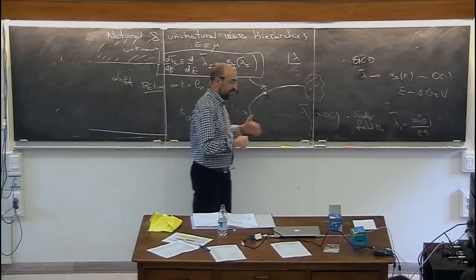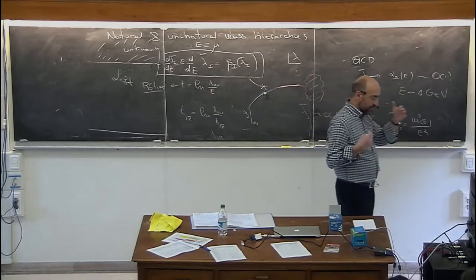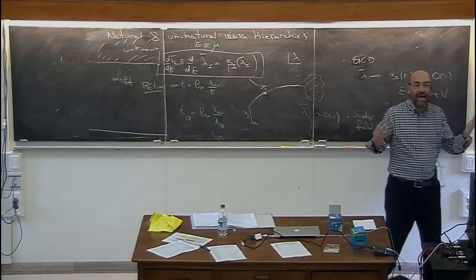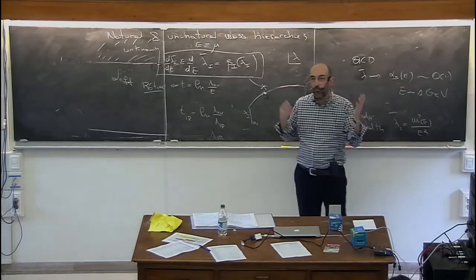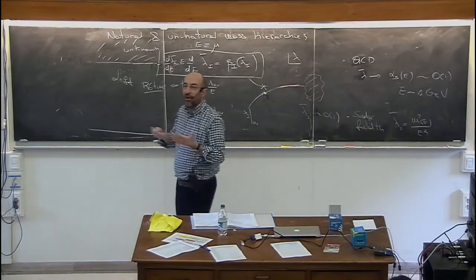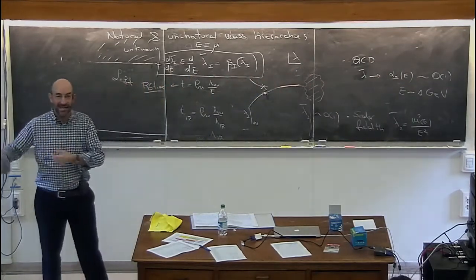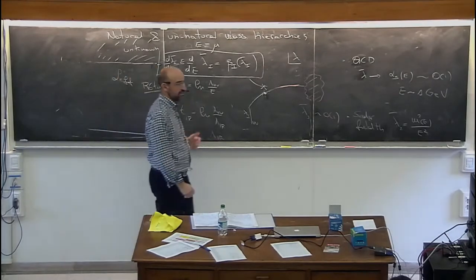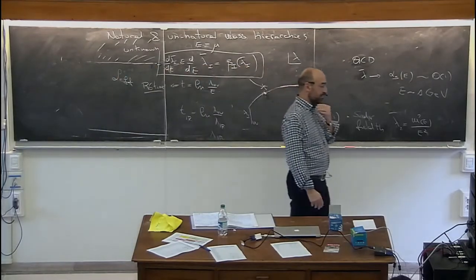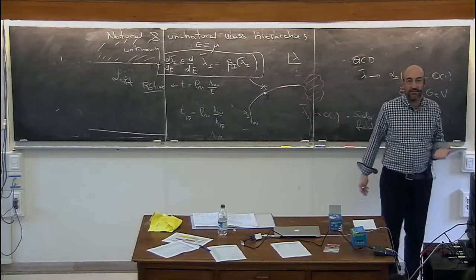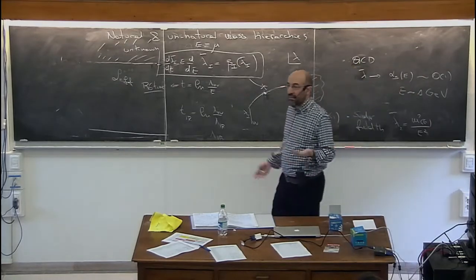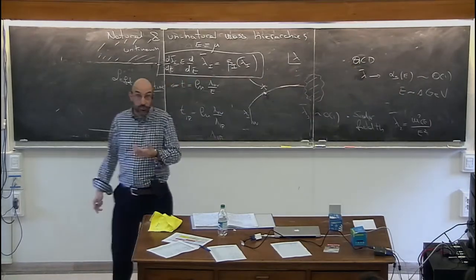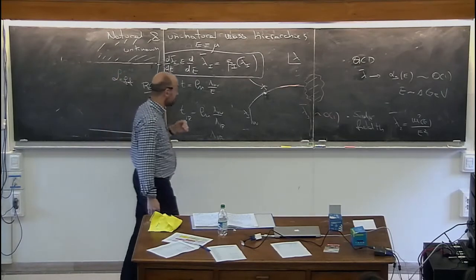So if you want this separation of scale to be large, the time that it takes to go from the UV to the IR will have to be logarithmically large. If this is 20 orders of magnitude, you will have t about 20, 30, something like that. So it should be large in that sense.